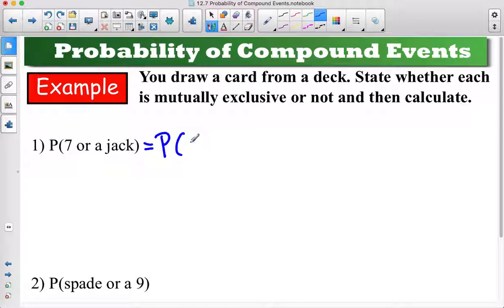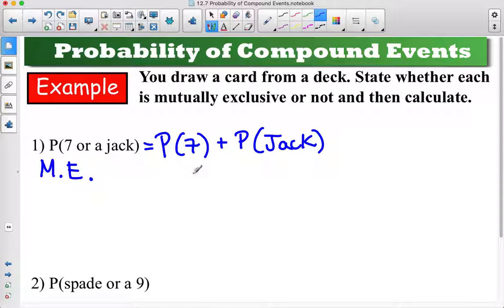So all I need to do is do the probability of 7 plus the probability of a jack. And because there's no overlap, I don't need to subtract anything off. These are mutually exclusive events. Probability of getting a 7 is 4 out of 52. The probability of getting a jack is also 4 out of 52.